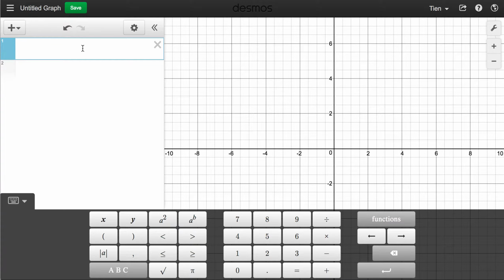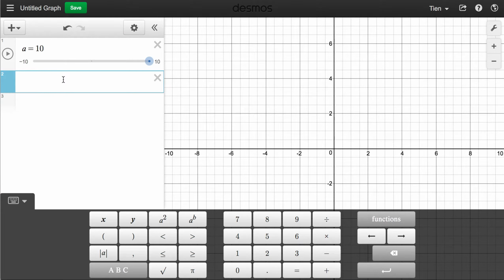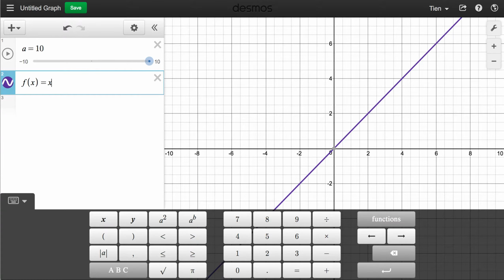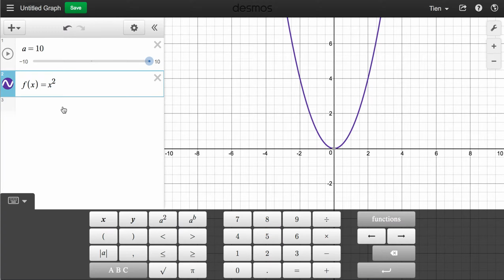So let's say I have a variable a, and let's start a off at 10. And then let's make up a function here. Say f of x is x squared, and we have a graph of it over here. And let's say that we're going to try to find a value t so that the integral of x squared from 0 to t is about a, whatever that is.